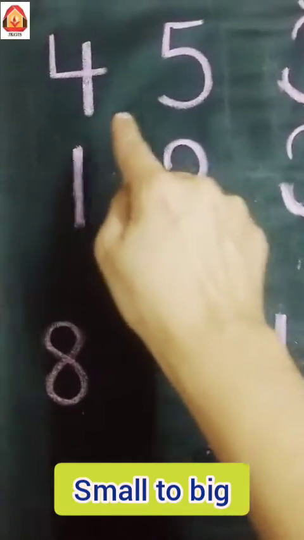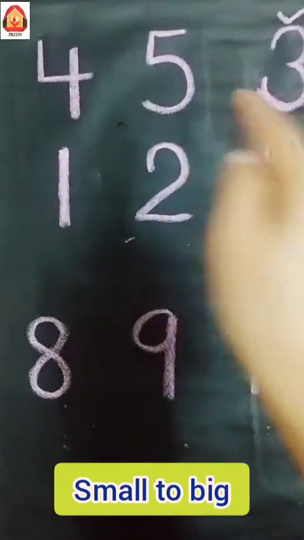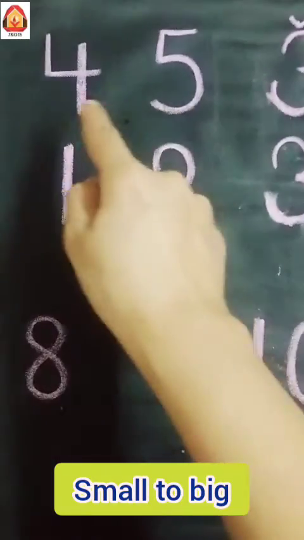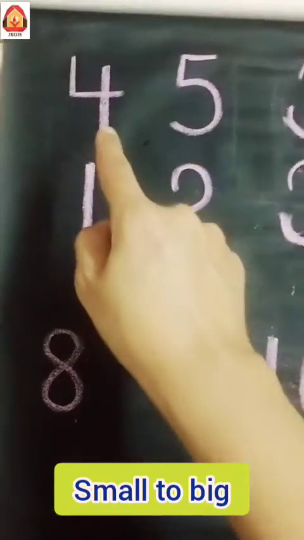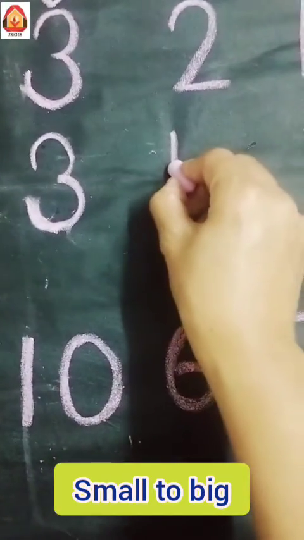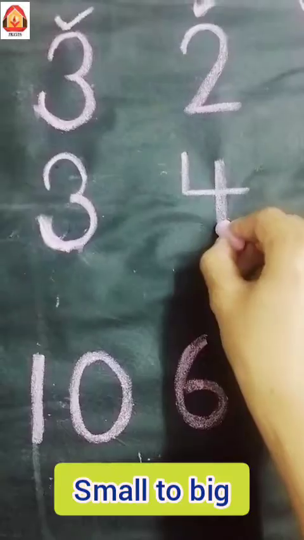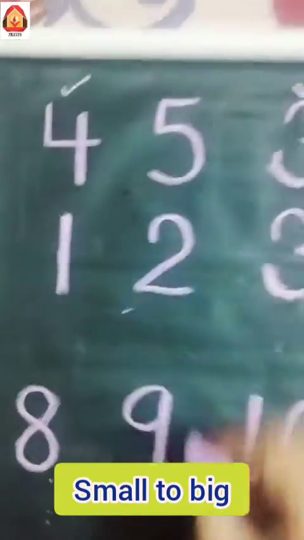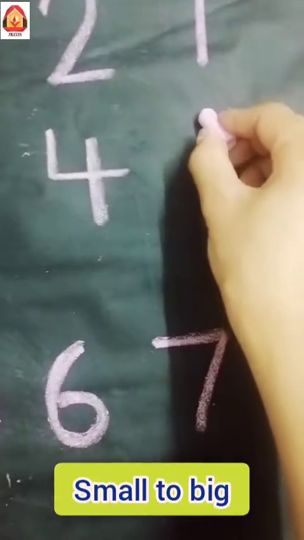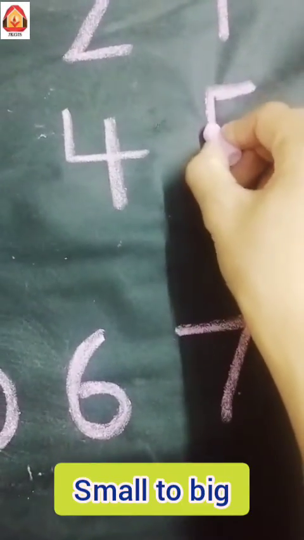Now you will have to tell me which is the smaller one between 4 and 5. It's 4. So I will write 4 here and I will take 4. Now which number is left? It's 5. So I will write 5 here.